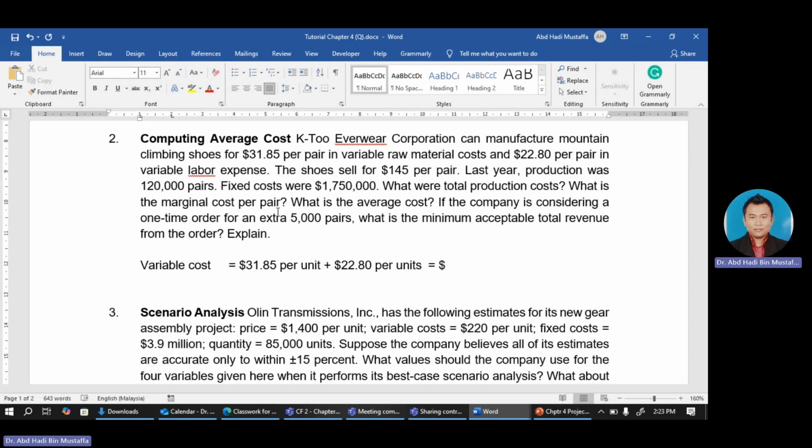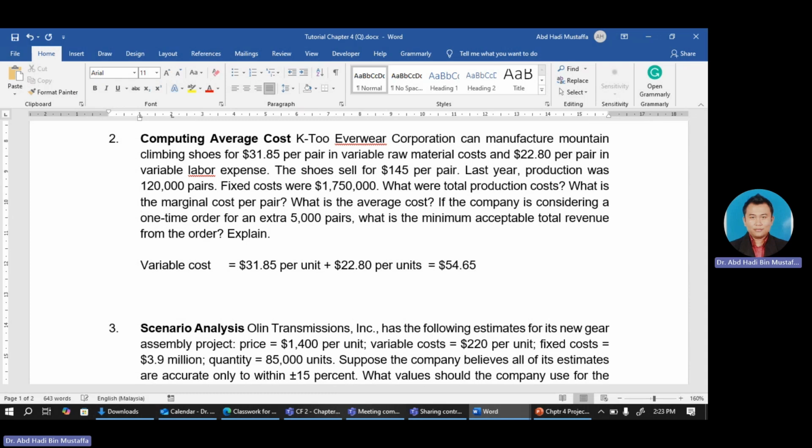If you have three variable costs, you need to add up all three. Because this question gives you two variable costs, just sum them. Okay, 54.65. So these are the variable costs.